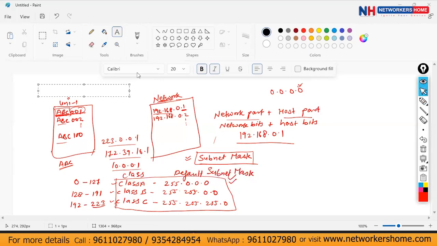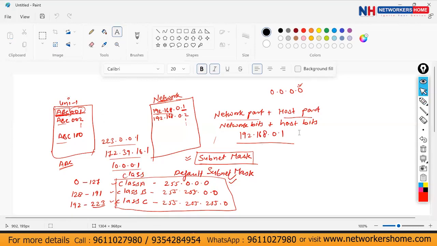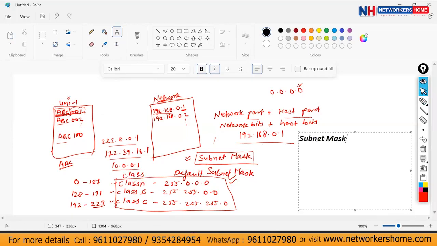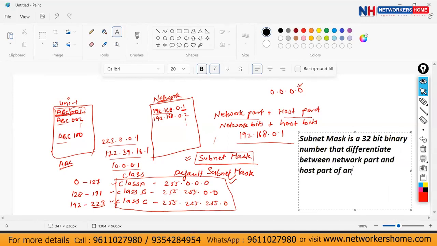And you can define the subnet mask as a 32-bit binary number that is used to differentiate between the network part and host part of an IP address.